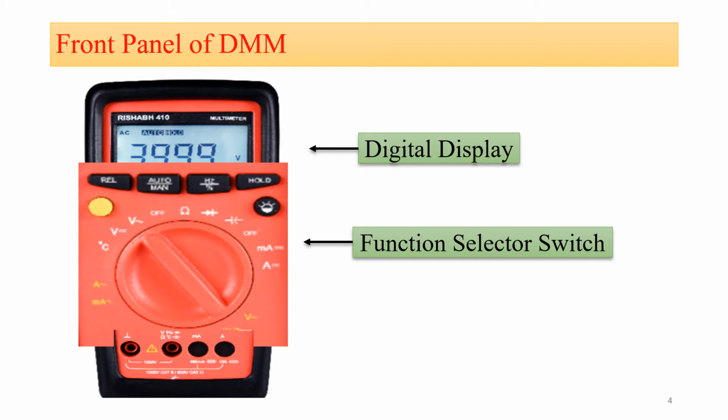Likewise, most of the electrical parameters are available, and we can measure the various electrical parameters by using our digital multimeter. The function selector switch selects the proper function which we are going to measure.